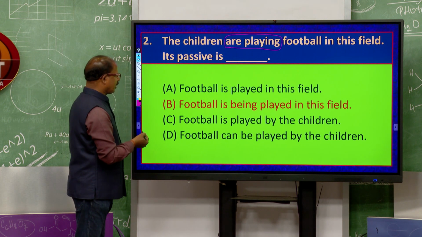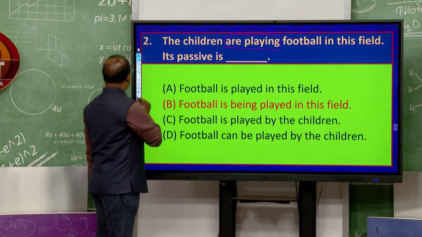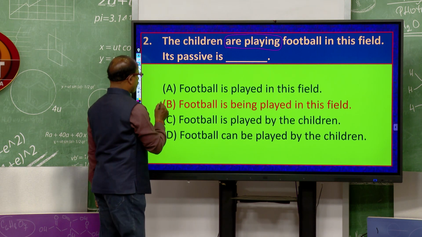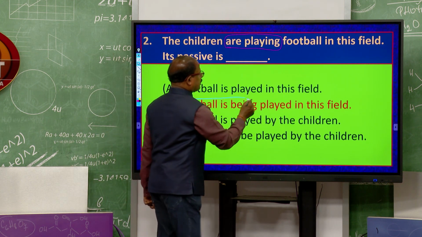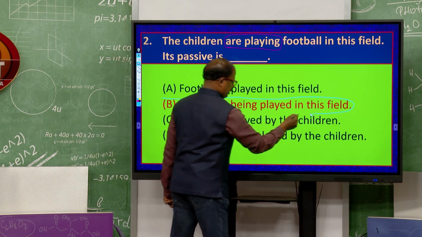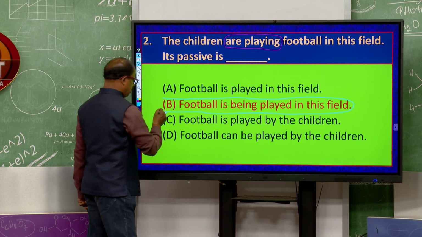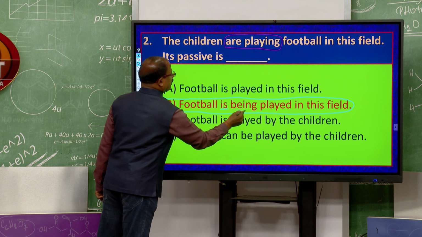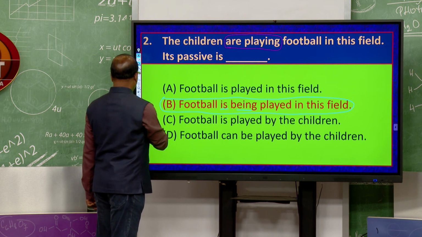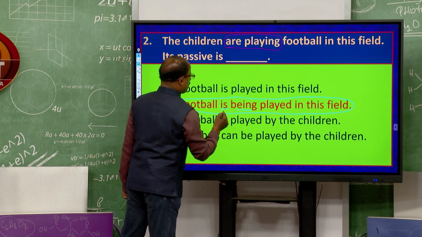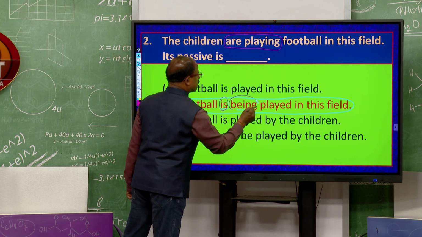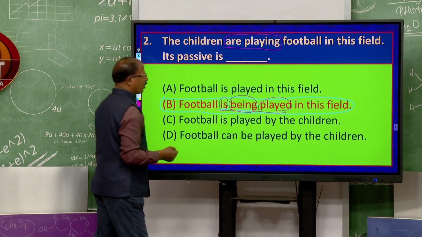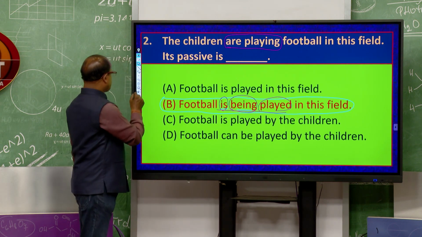Yes, option B is the correct answer: football is being played in this field. This is the progressive form, and is being indicates the progressive form, and played is the en form.